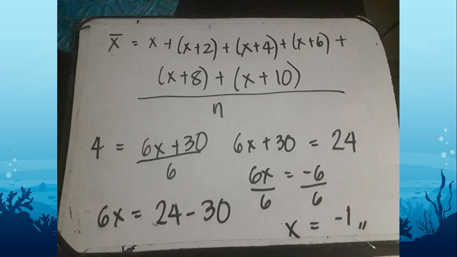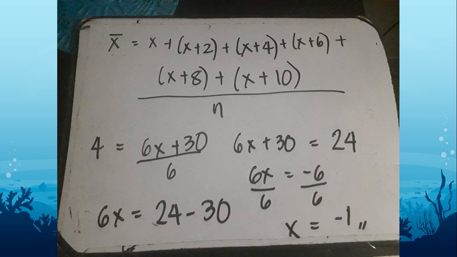Now mean is also the same as average, and we know for a fact that average is equal to the ratio of the sum of the given scores or given data set divided by the number of data in the set.